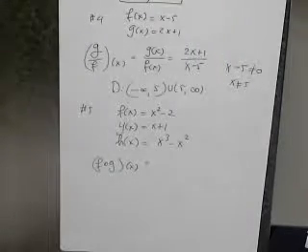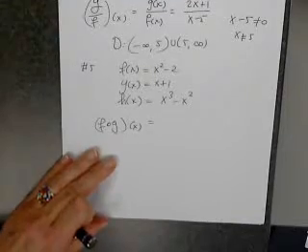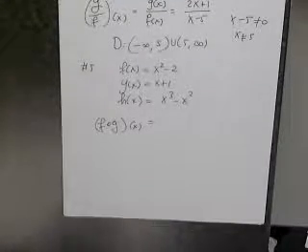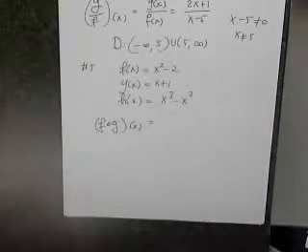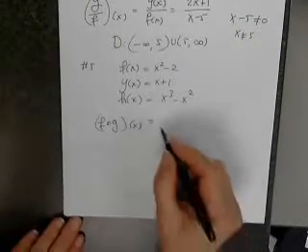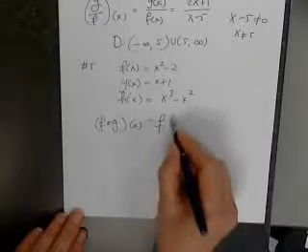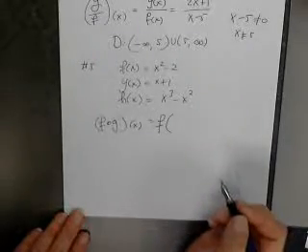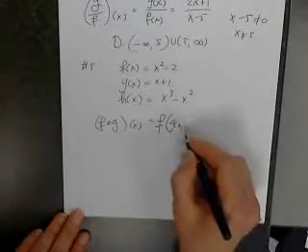By definition, what does this mean? I have to write the definition so I don't make a mistake. This will be f of g of x.